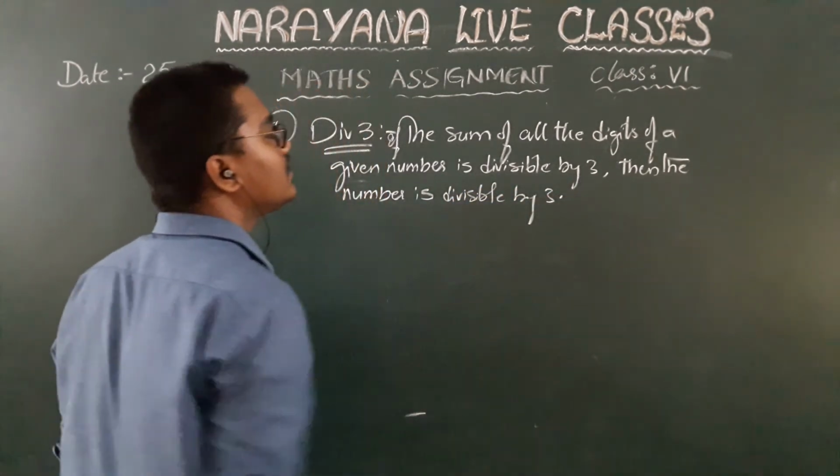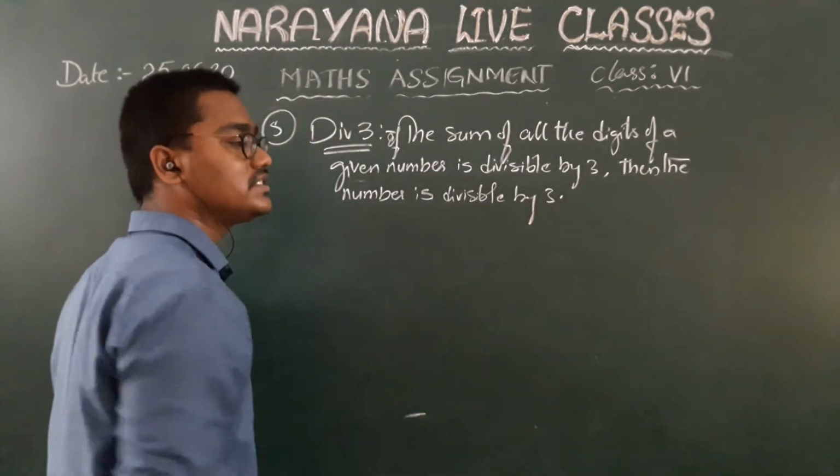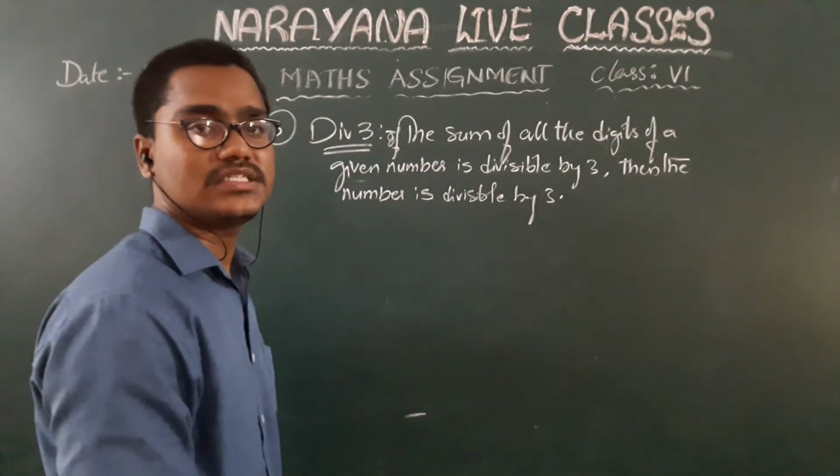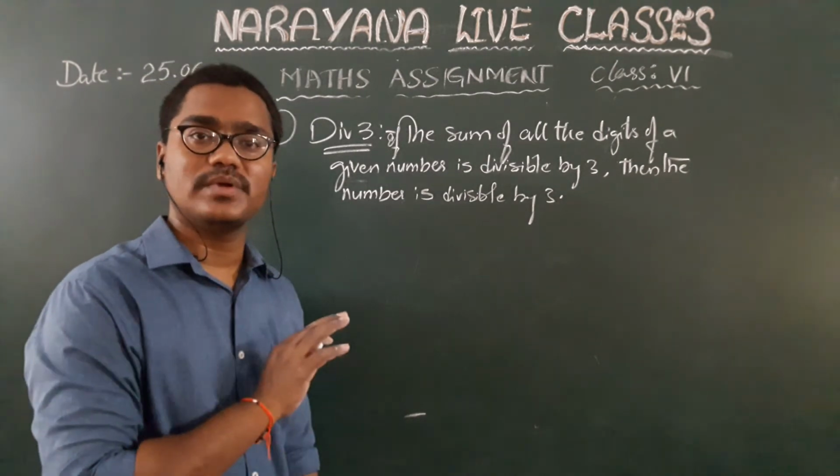I repeat, if the sum of all the digits of a given number is divisible by 3, then we can say that the given number is divisible by 3, or else it is not divisible by 3, children.